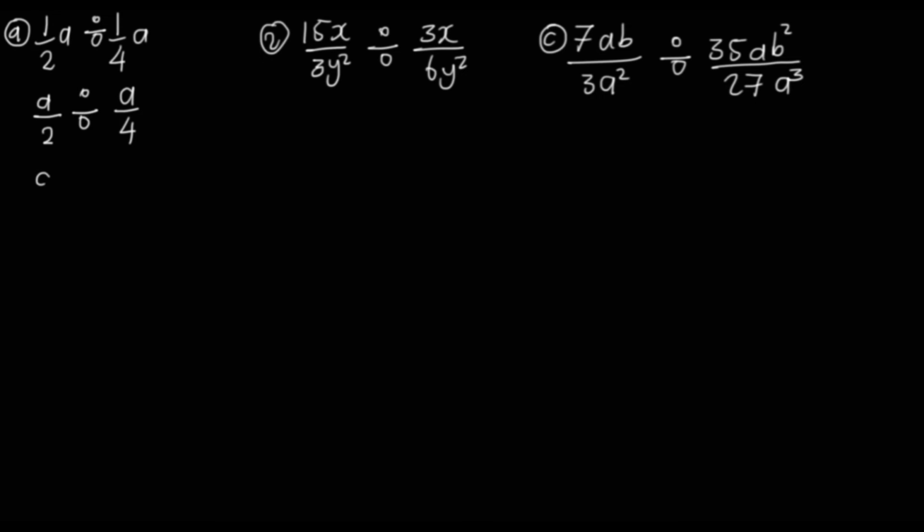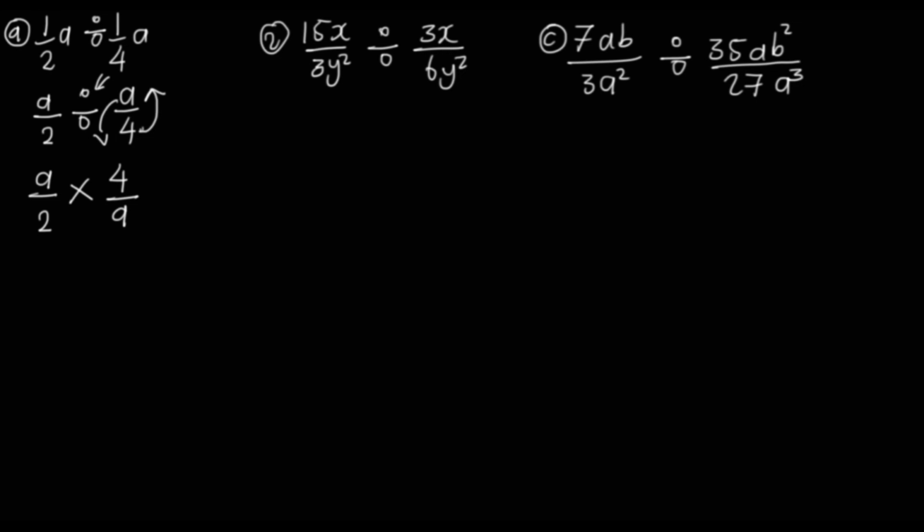So what we are going to do is invert this division sign into multiplication. After converting the division sign, we need to invert the fraction, which means we need to turn the fraction upside down. So the 4 must go on top, then our a must go on the bottom. So here we are going to have 4 over a.